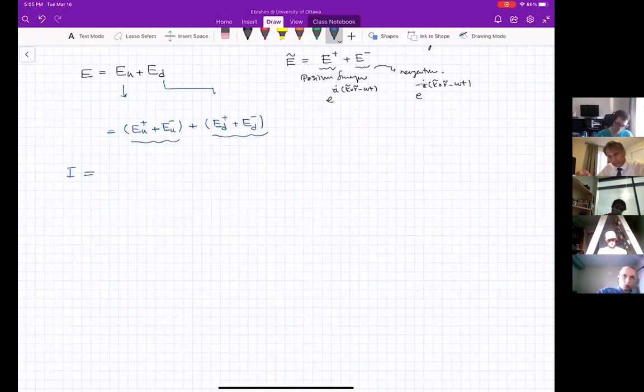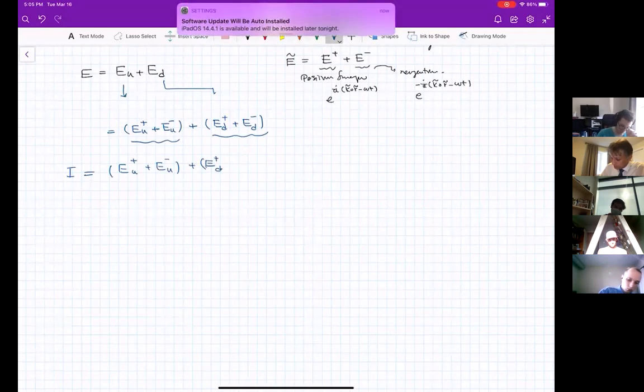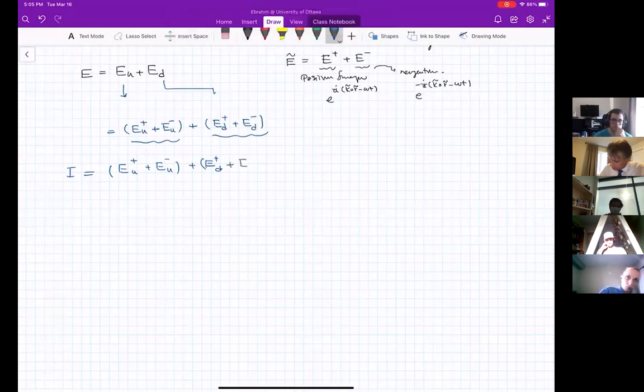We don't go with the complex conjugate. So let's go with the product of them. So we have E plus E minus plus E plus E minus D. Multiply that by itself. EU plus EU minus.